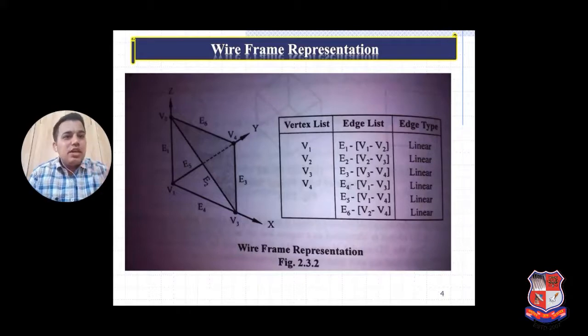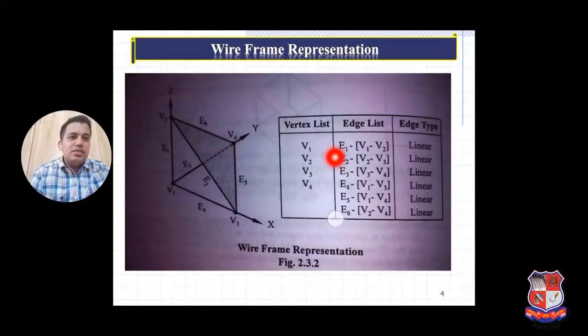Okay, so here we have one simple rectangle, or we can say one plane. If I divide it into the mathematical model, I have the vertex list, edge list, and the edge type. I indicate the vertices v1, v2, v3, and v4. These are the main points.